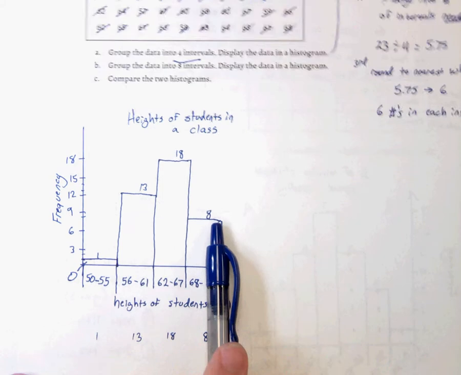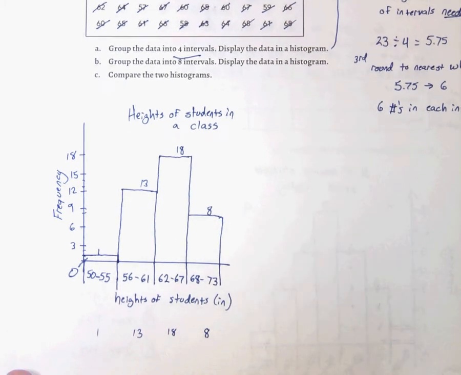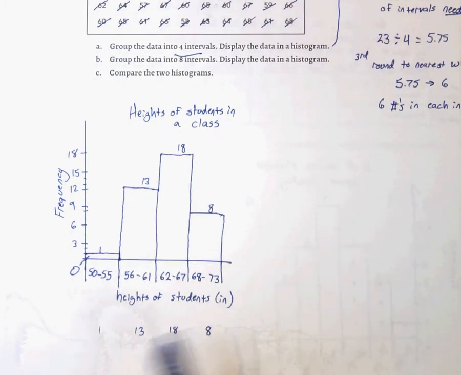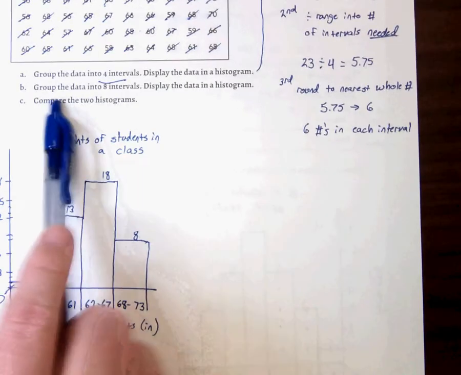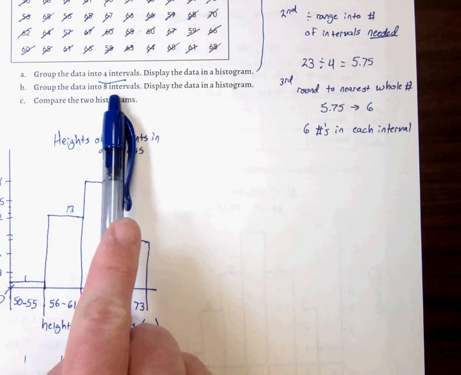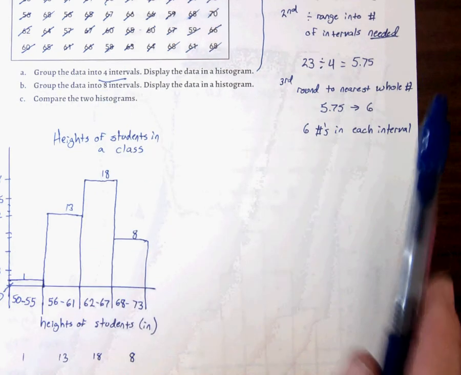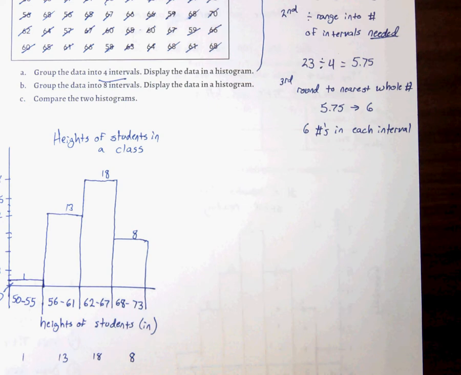Now, next, it said group the data into 8 intervals. So we would have to make another histogram, but this time we're going to take our range, which is 23, and we're going to divide it into 8, which is the number of intervals needed.